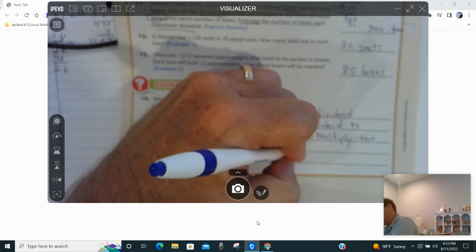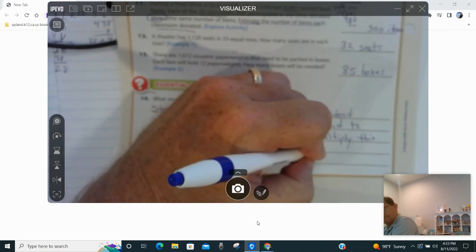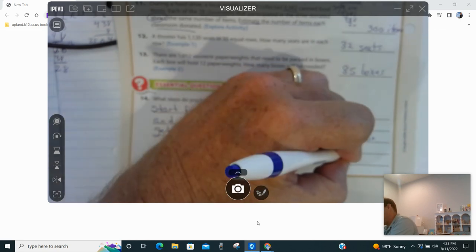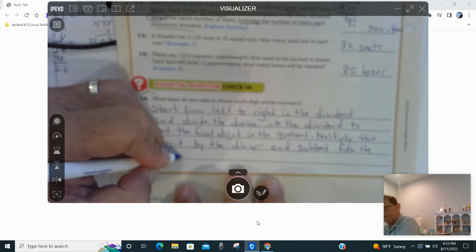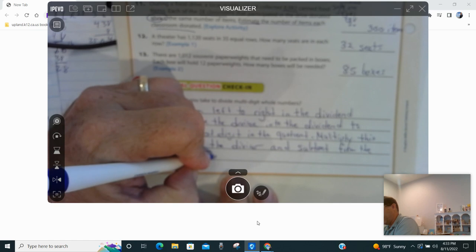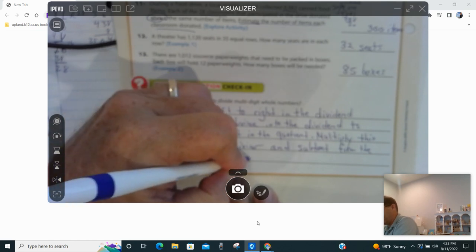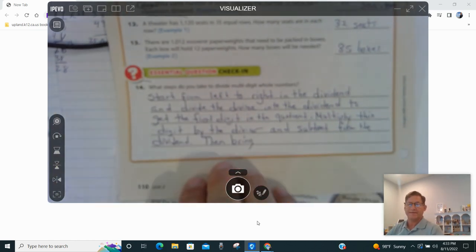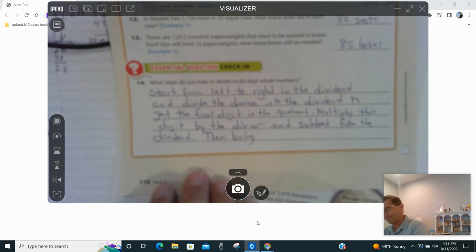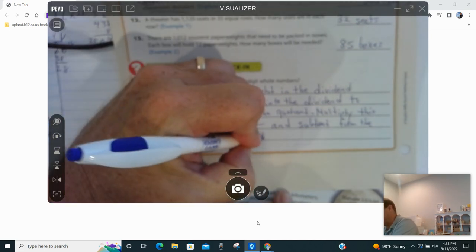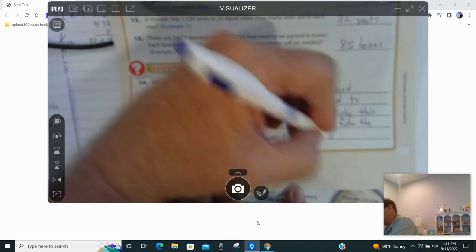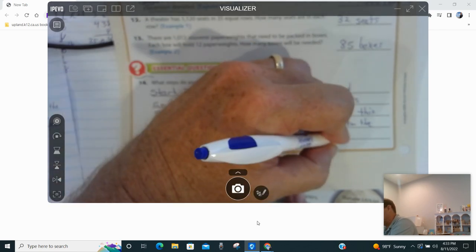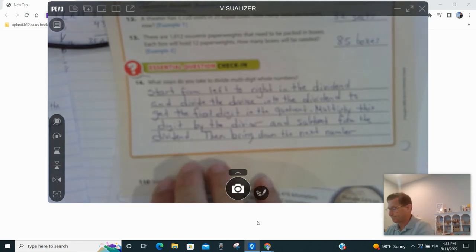And we subtract from the dividend. Then bring down the next digit. And repeat the process.